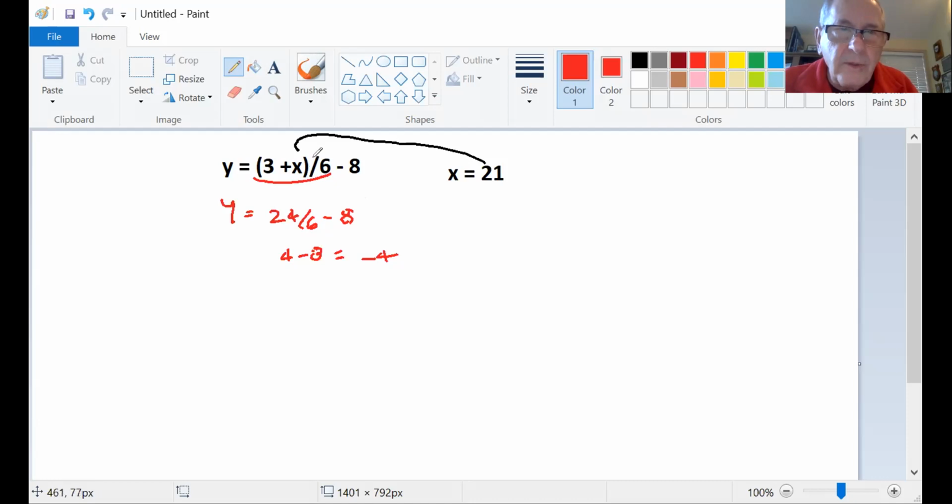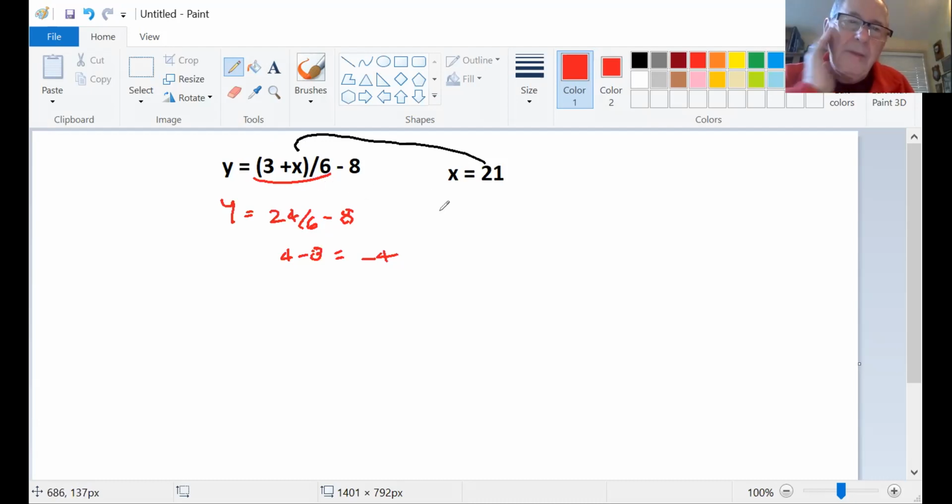This division bar is underneath the 3 and the x, right? But it looks like I've got my brackets here, right? Yeah, it doesn't look right that way.